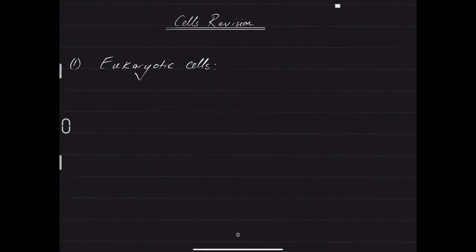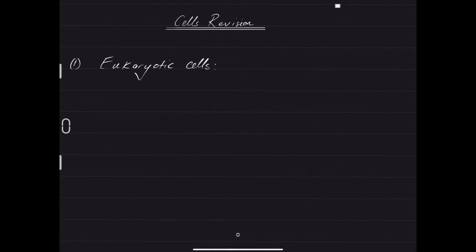Now I'm going to list various types of eukaryotic cells because it has been asked in the past in certain exam questions to identify the eukaryotic cell or give an example of a eukaryotic cell. And students tend to get confused when they see these two words, eukaryotic or prokaryotic, which is the other category.